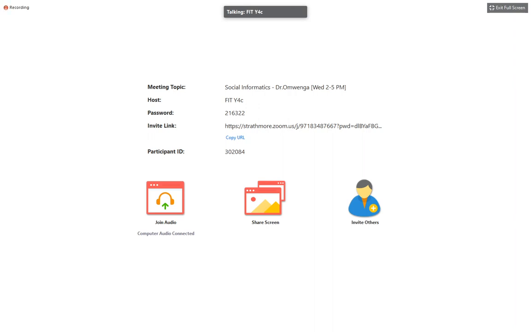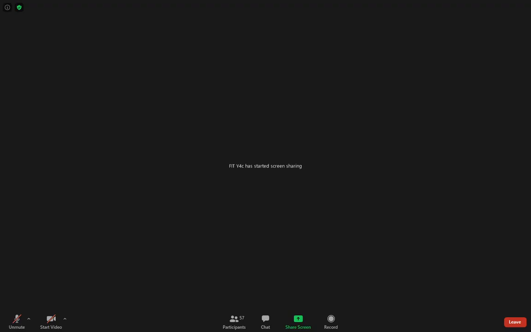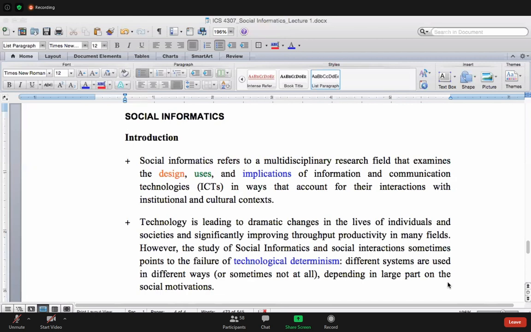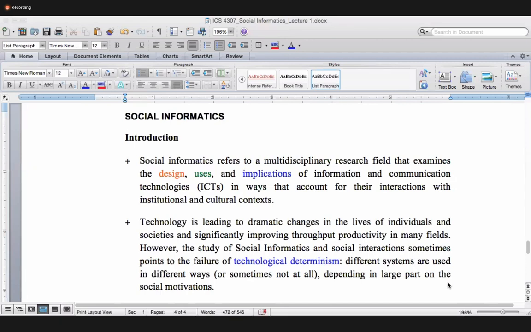So what I'm going to share is going to define what social informatics is, so then we are all able to talk on the same footing. So the course is social informatics. In other places, it is done like a whole course, like what you are doing, ICS.